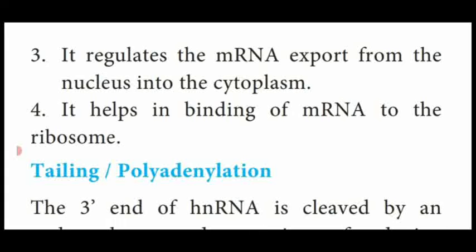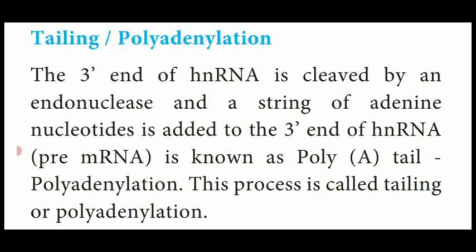Another process is tailing or polyadenylation. It occurs at the 3' end of mRNA or hnRNA, which is cleaved, that is divided into two, by an enzyme known as restriction endonuclease.